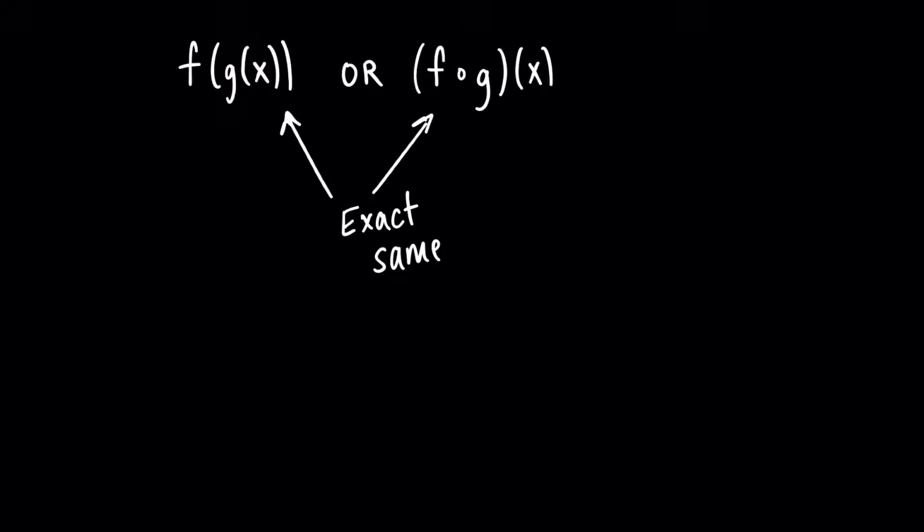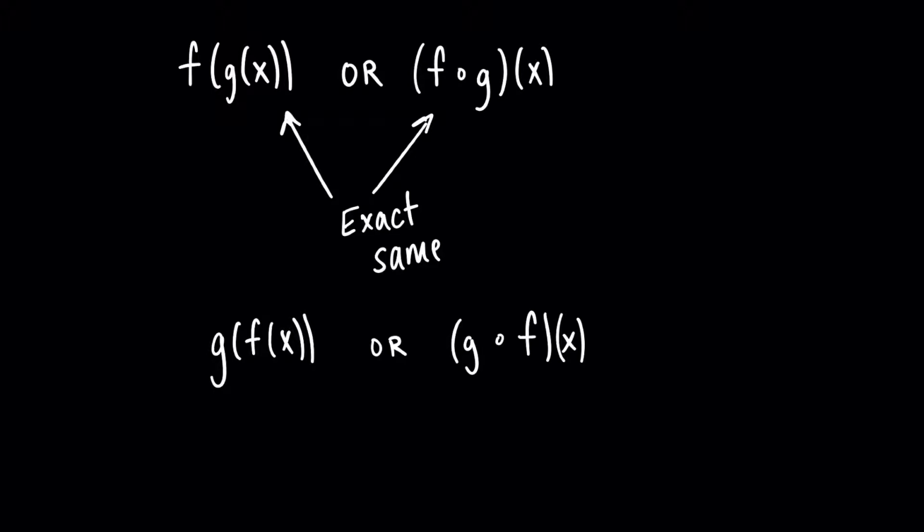Okay, you may see something like g of f of x, or you might see somebody write g, a big O, f of x. Exact same thing. They just want you to do composition of functions. Remember that the one over here is the one that's on the inside of the parentheses. So f of x is the innermost function there.